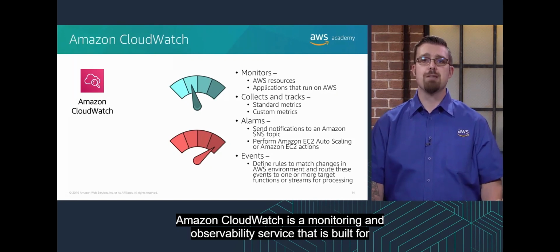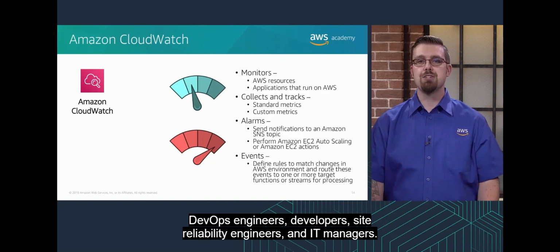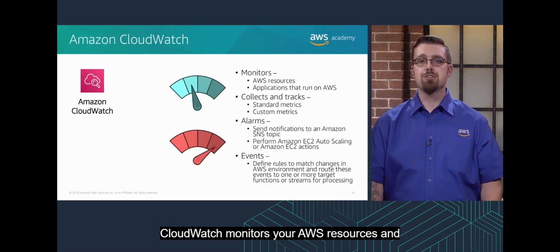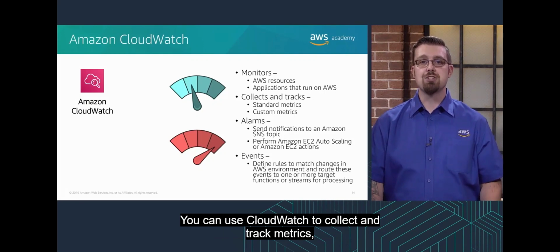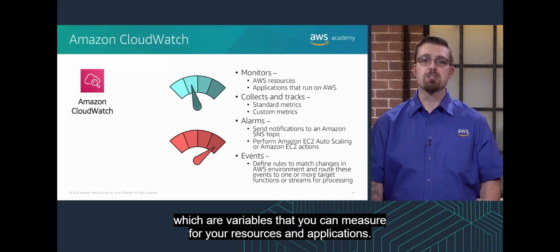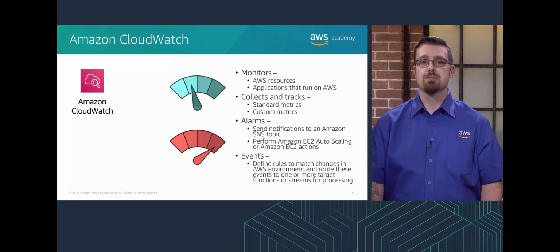Amazon CloudWatch is a monitoring and observability service that is built for DevOps engineers, developers, site reliability engineers, and IT managers. CloudWatch monitors your AWS resources and the applications that you run on AWS in real time. You can use CloudWatch to collect and track metrics, which are variables that you can measure for your resources and applications.